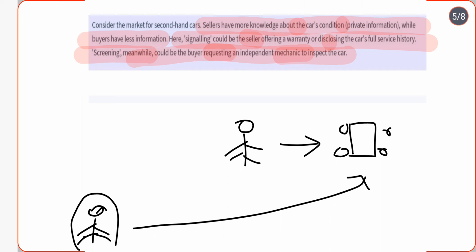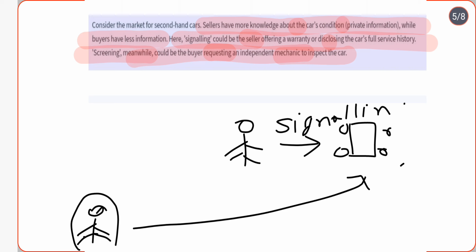For that, I may offer a warranty: if you take my car, I will give you 1 month, or 6 months, or probably 1 year's warranty. If anything happens to the car within 1 year, I will bear the expenses. So that can be a method of signaling for me.